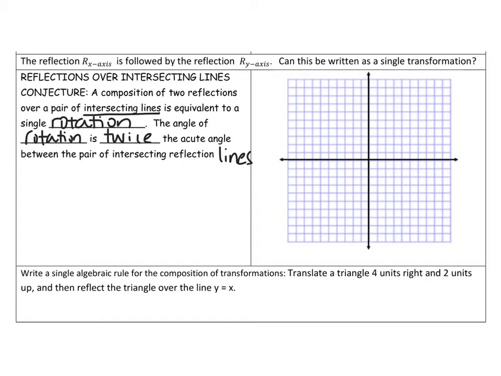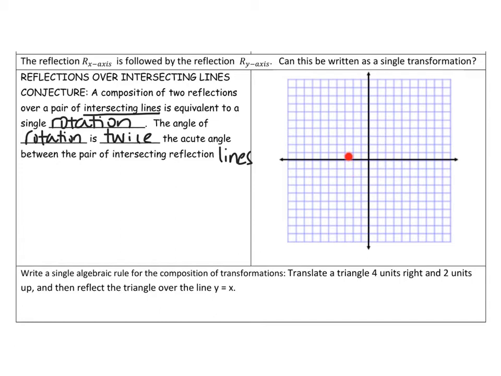So what that is saying is that if I have a pre-image and an image, the angle of rotation is twice the acute angle between the pair of intersecting reflection lines.